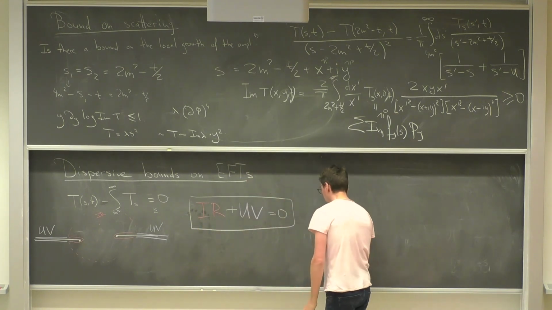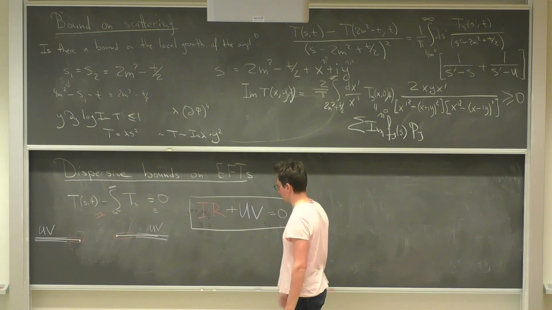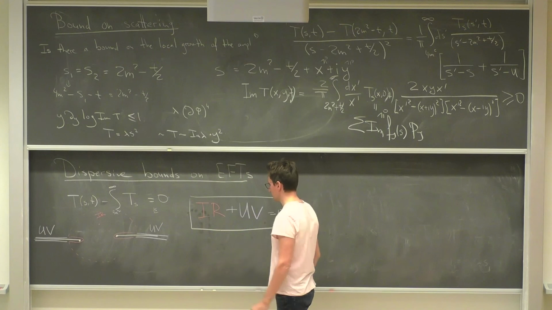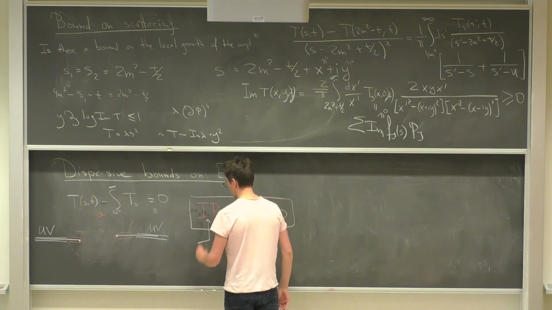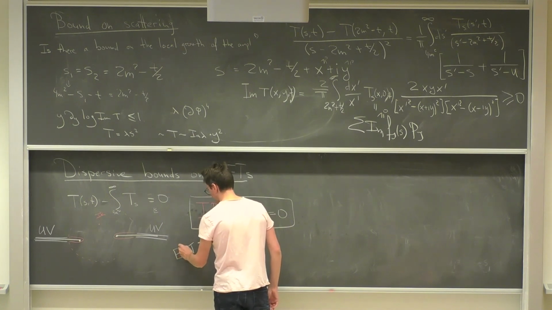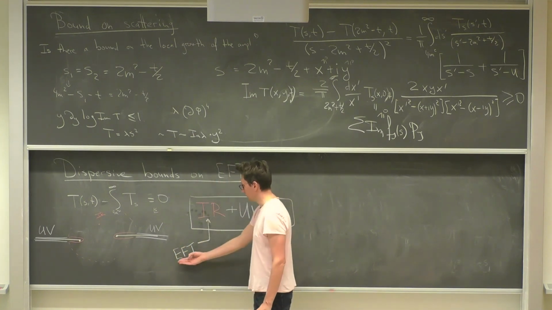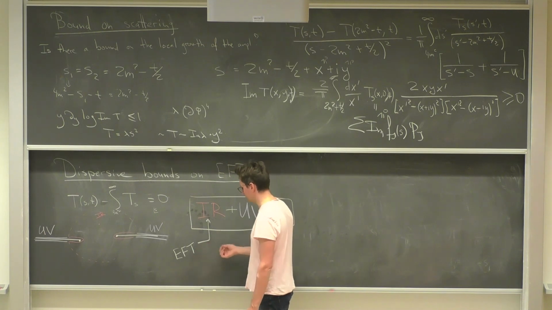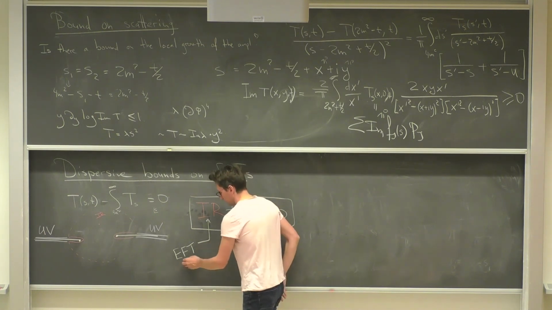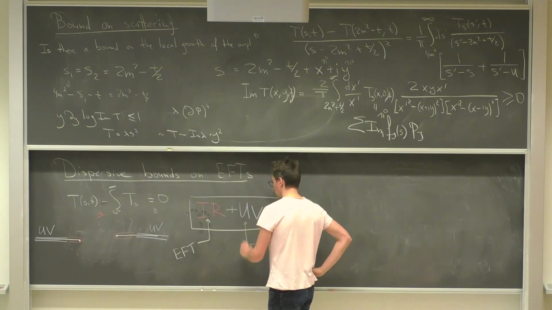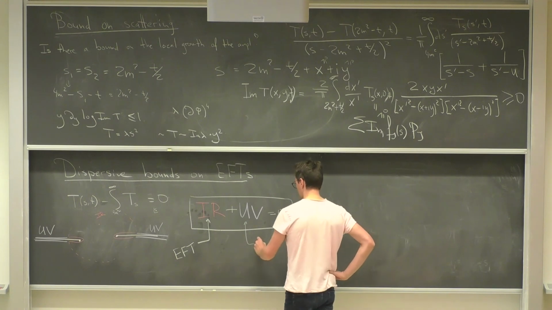Here, the IR is something we know, something we can control at low energies, or it can be an EFT. We can have our favorite effective field theory, be it general relativity, or the standard model, or whatever Lagrangian, and the UV is something we might know or we don't know, but in general something we do not know.